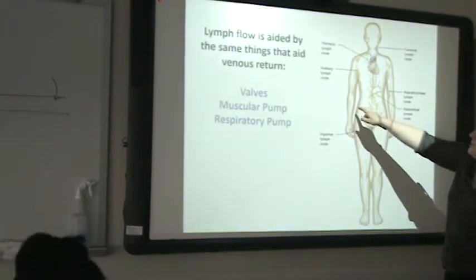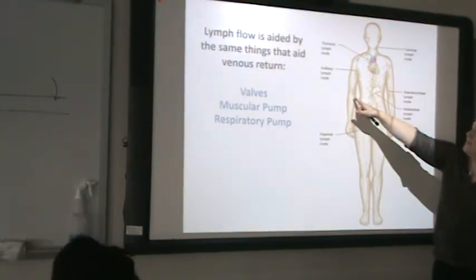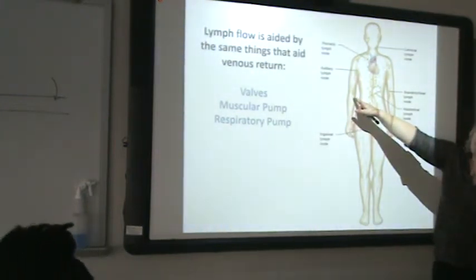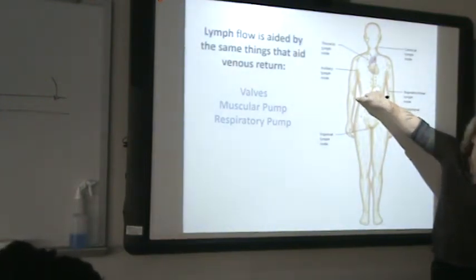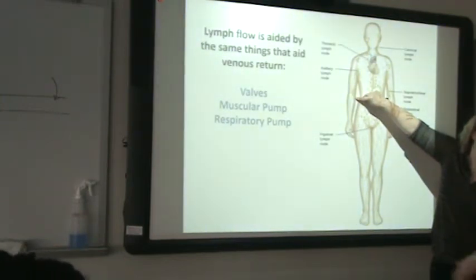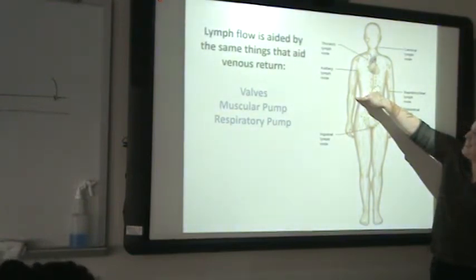If for some reason I took out a lymph node here, where would the person swell up? Where would they swell? Like which direction? Would it be down here or would it be up here?